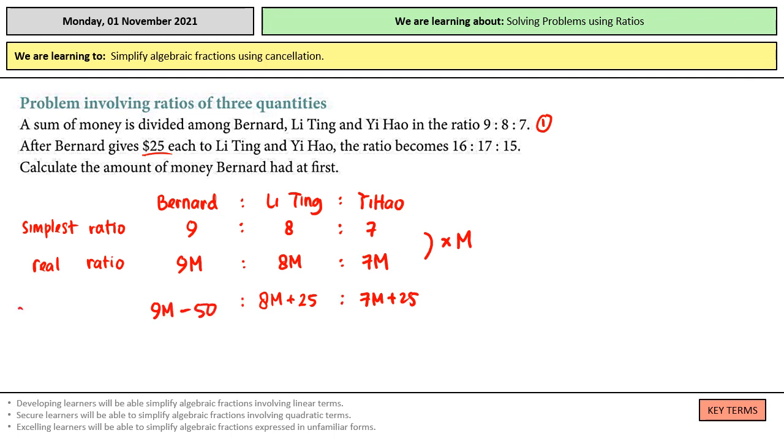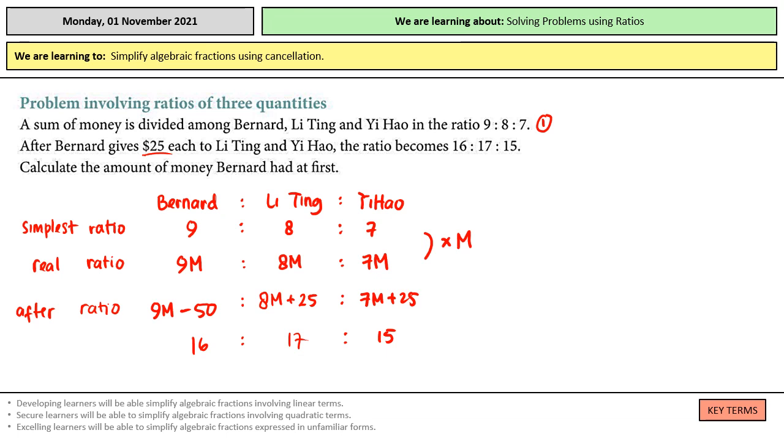This is after the ratio changes. Now after that, the simplest ratio becomes 16 to 17 to 15.